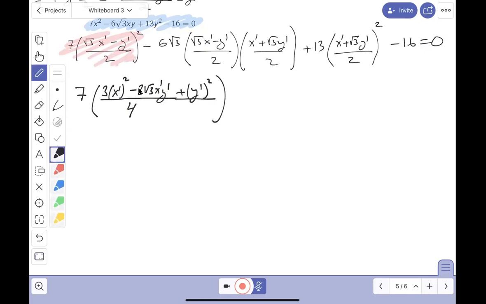And I'll write this over here. Minus 6 root 3. That's a 4. You would get root 3 x prime squared plus, let's see, that would be 3 x prime y prime minus x prime y prime.